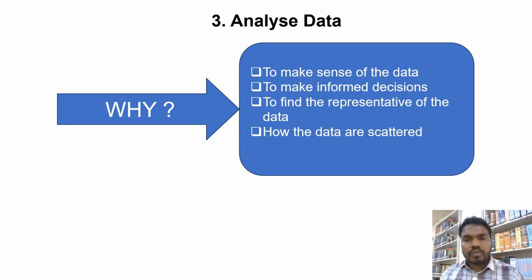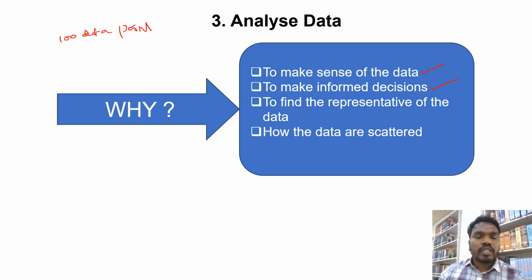Therefore, if you want to make complete sense of the data we collected, and if we want to make informed decisions about the data, right? Let's say suppose I have 100 data points.